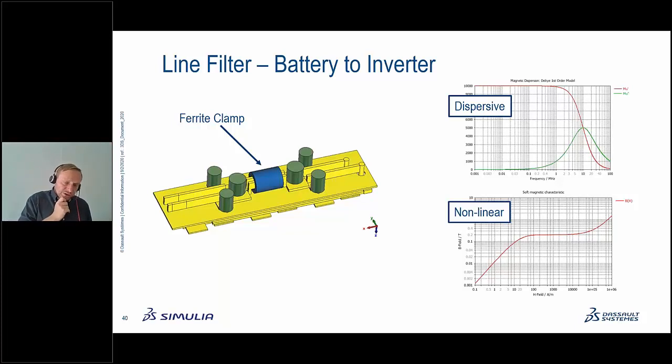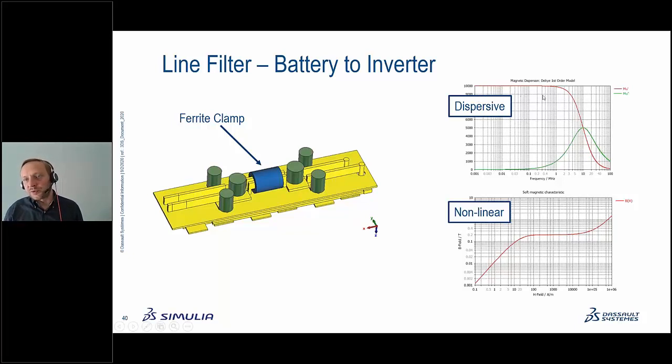Of course, we have seen ferrites used for shielding in the previous example. Now we use the ferrite as a kind of clamp to filter the common mode noise. And a ferrite itself is of course dispersive, so the mu value depends on frequency.